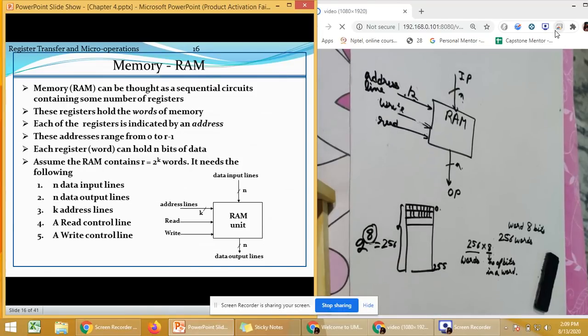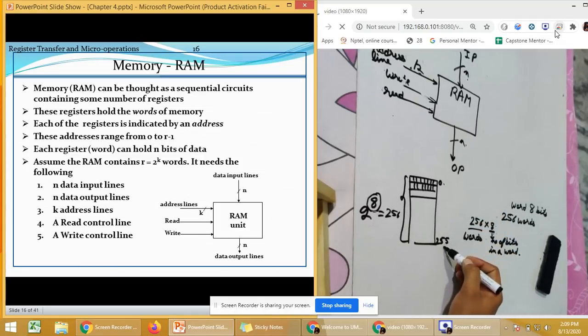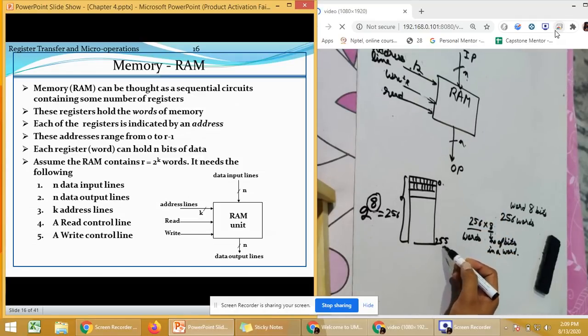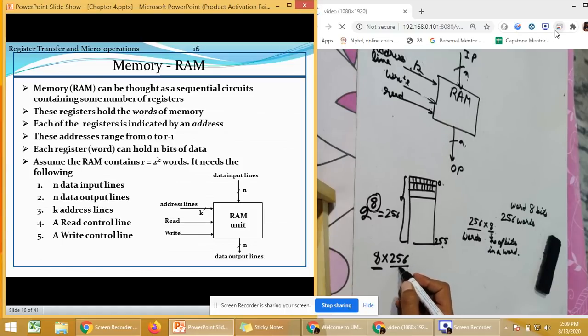So now what we are doing, to refer to all these 256 different locations, we are only using 8 bits. Because if you remember, if we make a decoder of size 8 to 256, how many input lines do we need? 8. And how many output lines do we have? 256.